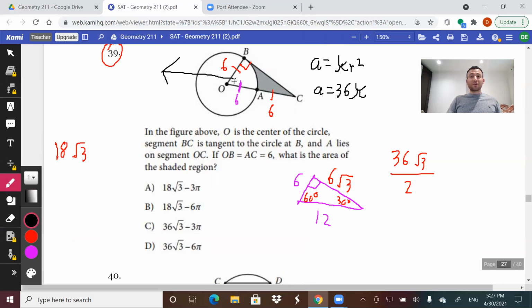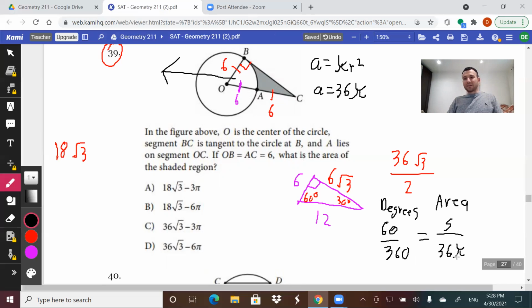Well, 60 is to 360, right, if we're talking about part to whole in degrees. 60 is to 360 as whatever this sliver is in area, so I'll just call it S for sliver, is to 36 pi. Well, hopefully you see here that we're just dividing by 6. You could cross multiply and everything, but really the sliver is going to be 6 pi. So we have 18 root 3 minus 6 pi.